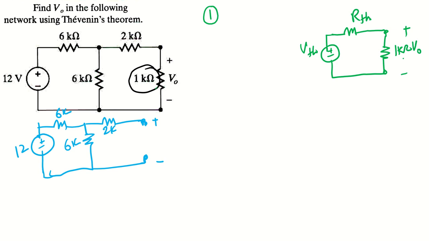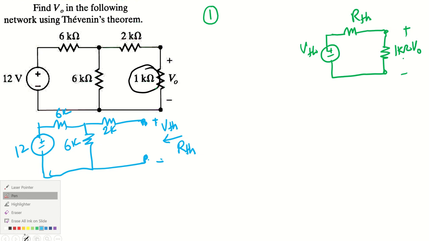Now from this open circuit point, if I look from this end of the circuit, what is the equivalent resistance, or the Thevenin resistance, and what is the voltage drop between these two nodes? That will be called V Thevenin or open circuit voltage.